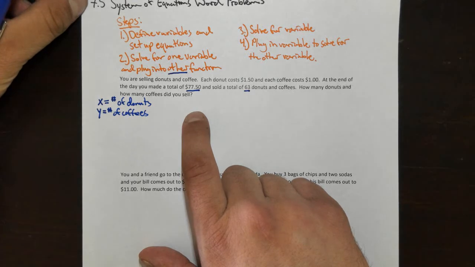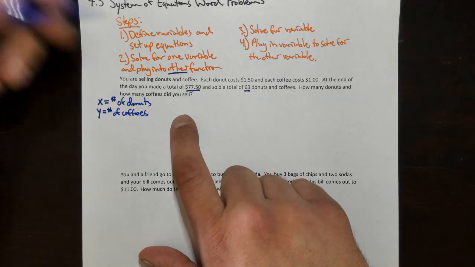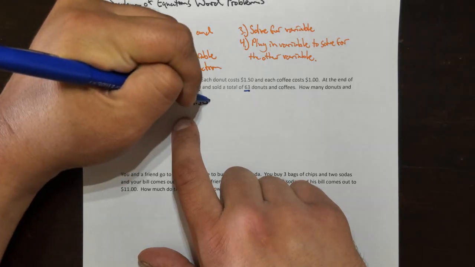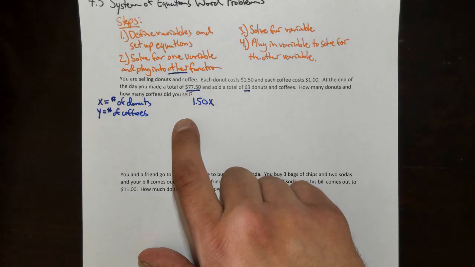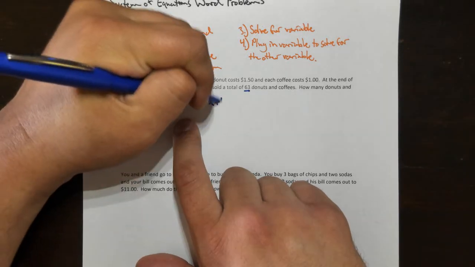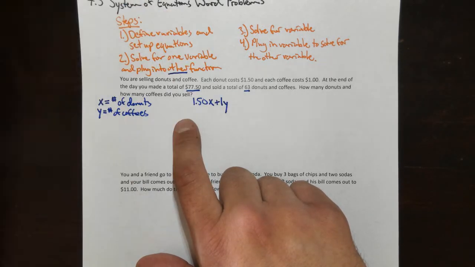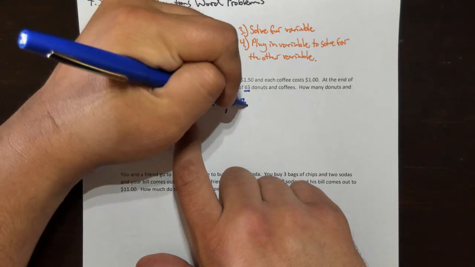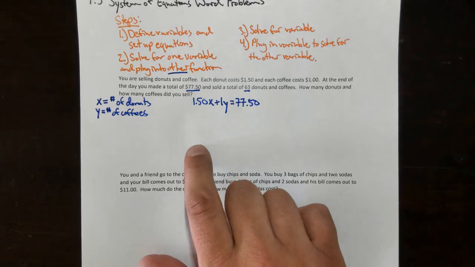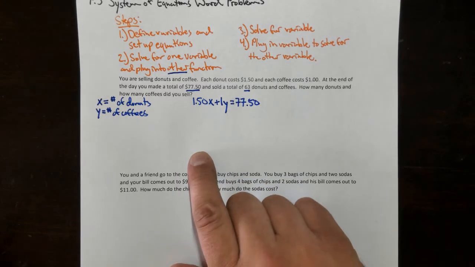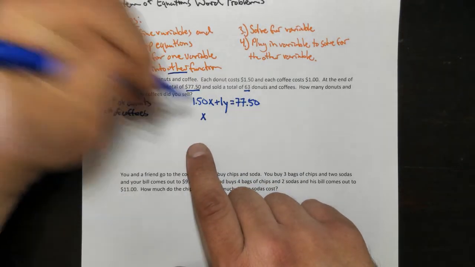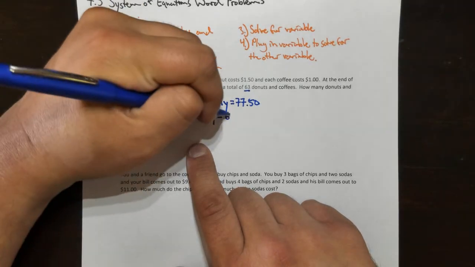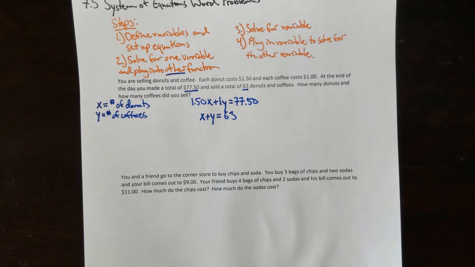So we can start off by saying, I know that 1.50 times the number of donuts, that's the cost of each donut, plus $1 times the number of coffees I sold equals the total of $77.50. I can also say that the number of donuts I sold plus the number of coffees I sold is going to be equal to the number of donuts and coffees I sold total, which is 63.